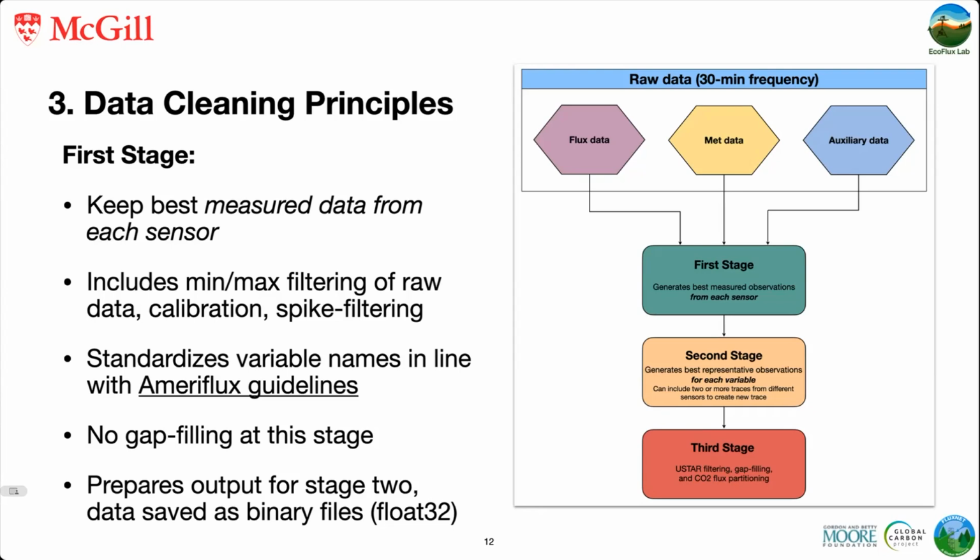And just a note that there's no gap filling in stage 1, so this comes later. And then finally, the first stage prepares output for stage 2 with data saved in a specific format. And I'll talk a little bit more about that when we go through it in the tutorial.